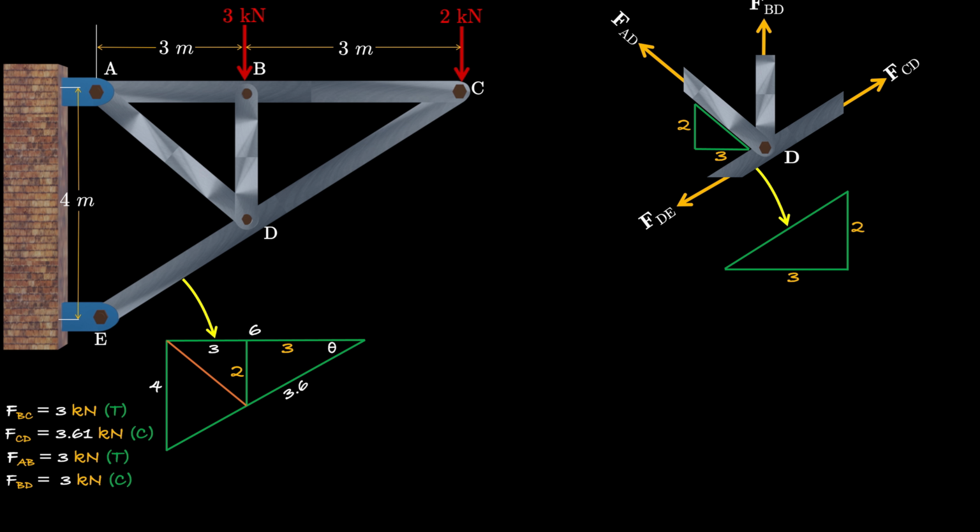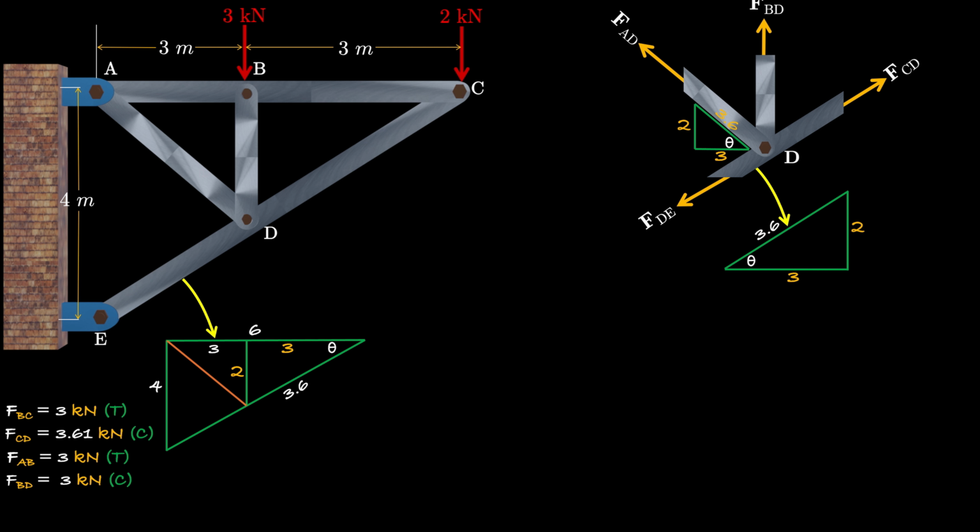The main reason why we're drawing these triangles is because we need the value of theta. But when resolving forces, we're only interested in the value of cos theta and sin theta, so we need the hypotenuse. The hypotenuse is given by the square root of 3 squared plus 2 squared, and we've already calculated that it is 3.6. To find the value of cos theta, we say adjacent over hypotenuse, so it's going to be 3 over 3.6.